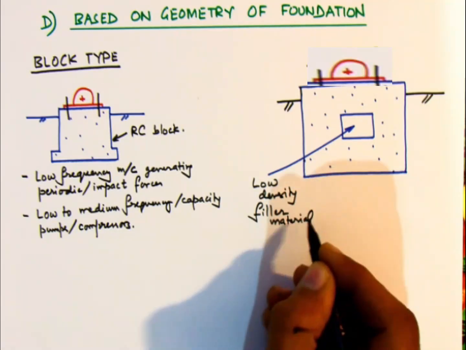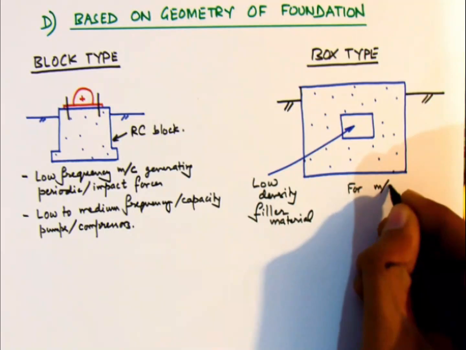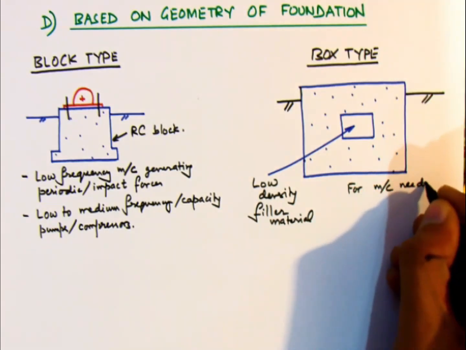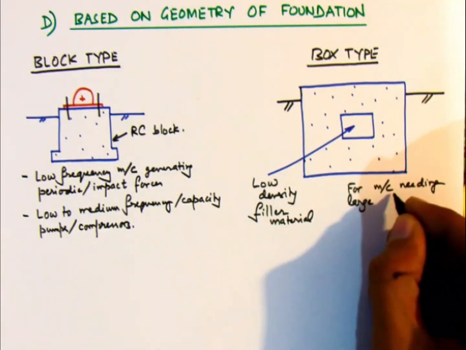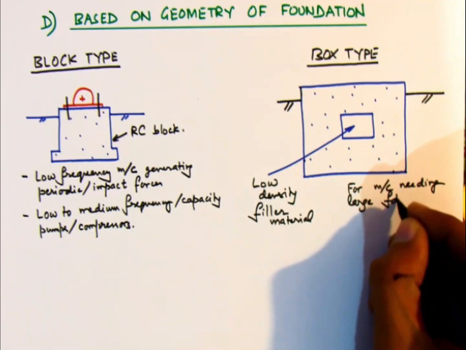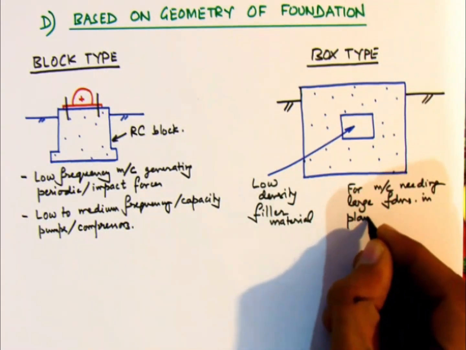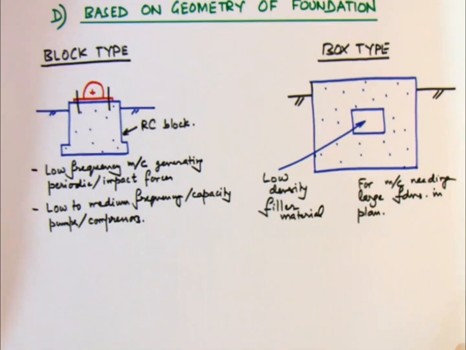The machines are brought and they are fitted. Sometimes the cavity is filled with low density filler materials. As stated before, box type foundation is usually suitable for machines which need large foundations in plan.